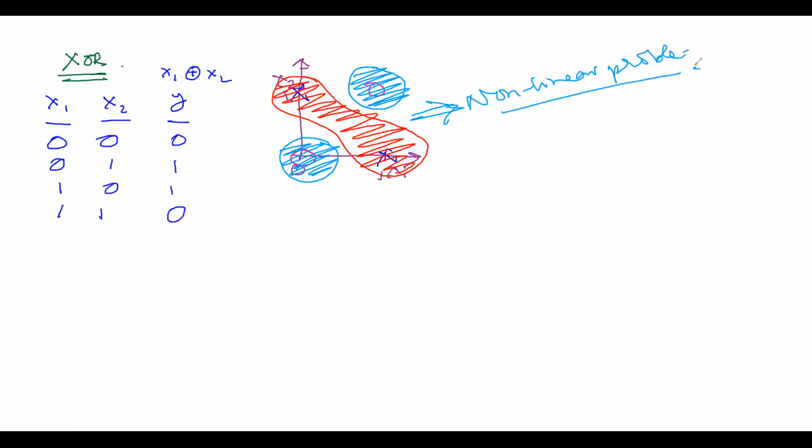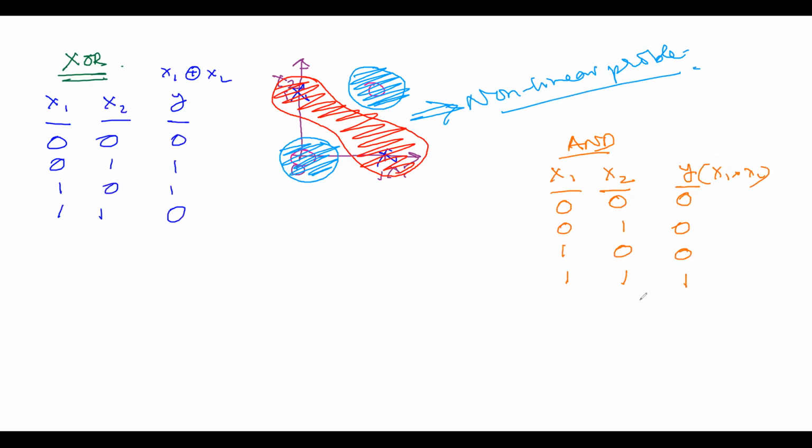Wait, but for AND, how was it again? AND is x1 into x2. 0 into 0 is 0, 0 into 1 is 0, 1 into 0 is 0, 1 into 1 is 1.